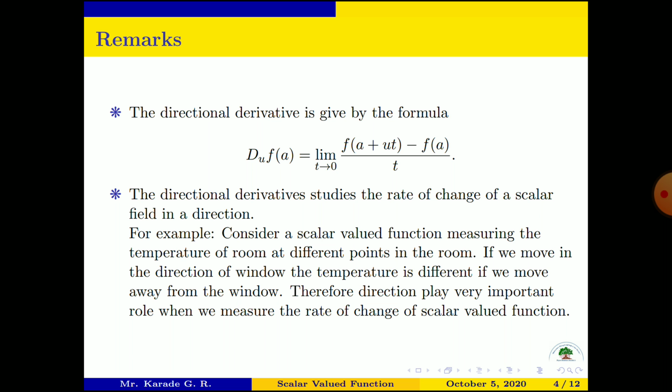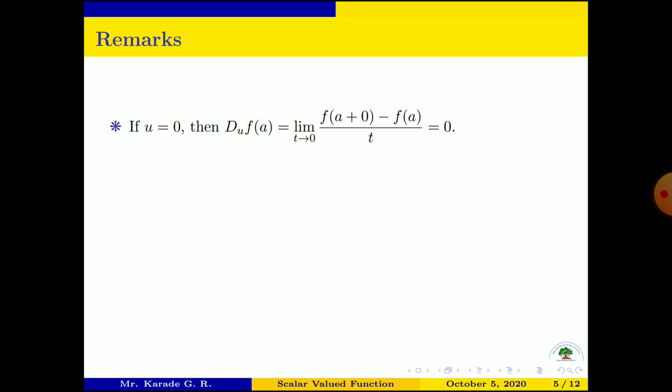Okay, so let us take some examples based on directional derivatives. So one more remark is there. If u is equal to 0, then what is the directional derivative of scalar valued function f at point A in the direction of u? Just in the above formula we have to put u equal to 0. Then see what will happen.